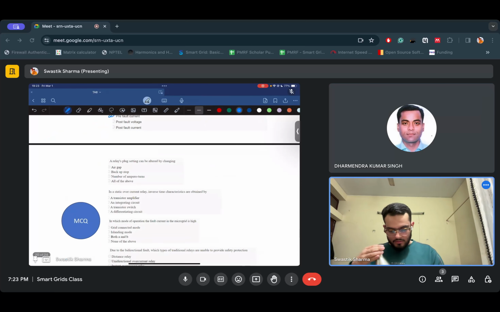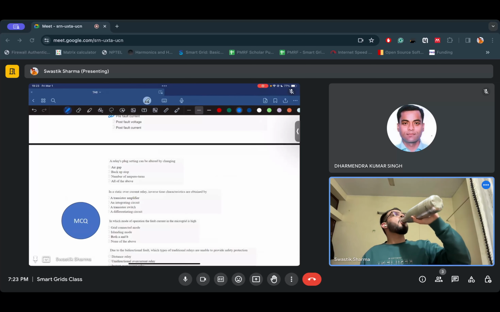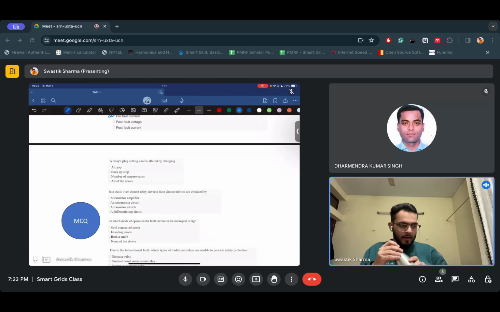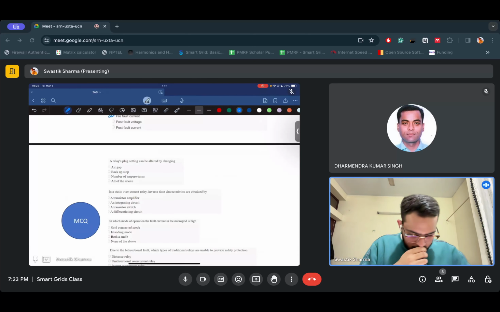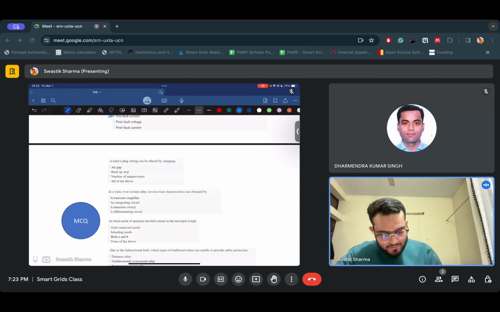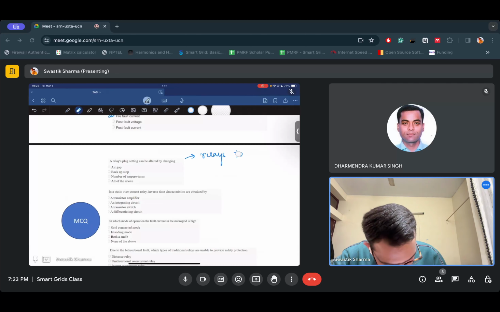Fourth question: in our fourth week, when we were discussing relays, I told you these relays are connected to a CT, which is a current transformer. So now tell me, if it's connected to a current transformer, how can we change its plug setting?